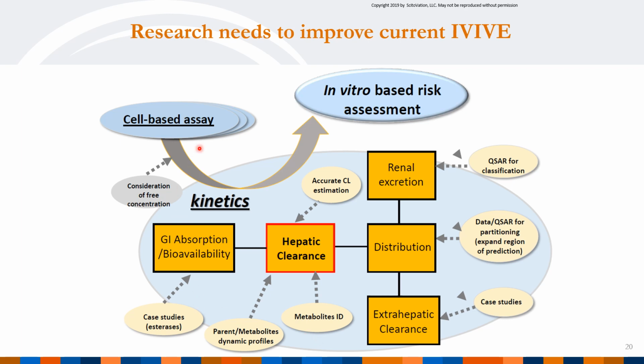But the actual IVIVE equation does not take metabolism into consideration. That is something really important that we need to look into more. We also do not take into consideration extrahepatic clearance, like biliary excretion, for example, or even GI metabolism. So there's some work that still needs to be done to improve IVIVE.